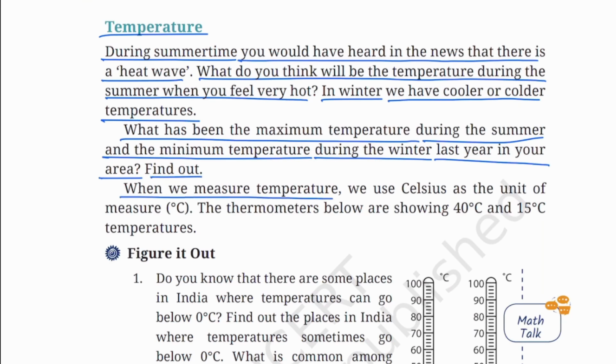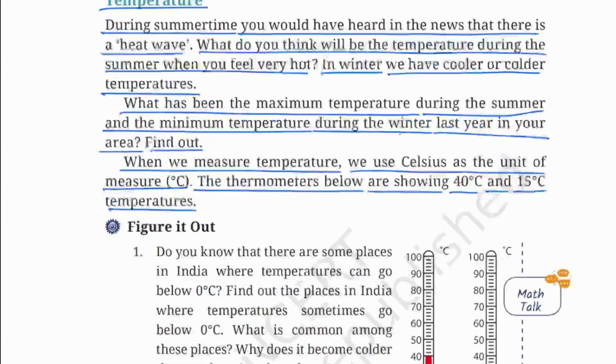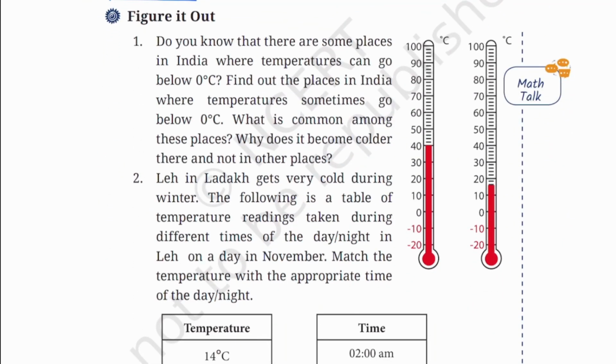When we measure temperature, we use Celsius as the unit of measure, that is degree Celsius. The thermometers below are showing 40 degrees Celsius and 15 degrees Celsius temperatures. You can see this thermometer is showing temperature of 40 degrees Celsius and this one 15 degrees Celsius.